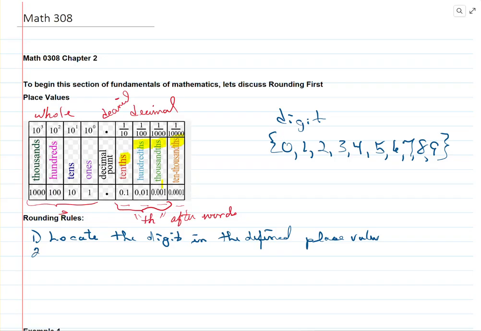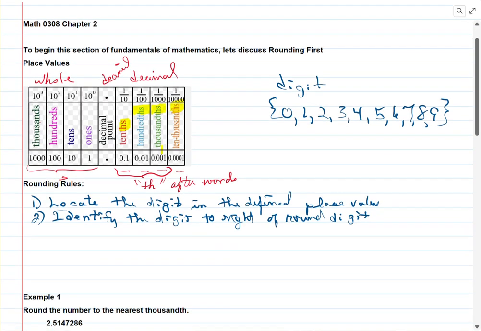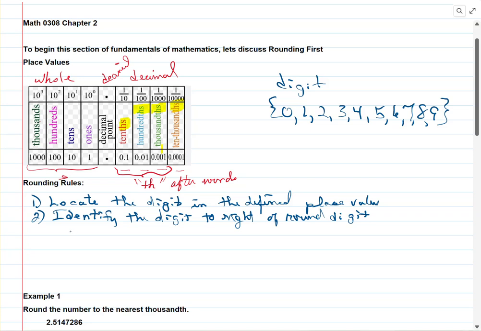And then the next step is to identify the digit to the right of the rounding digit. All right, so we evaluate at this point. To evaluate, there's two conditions.